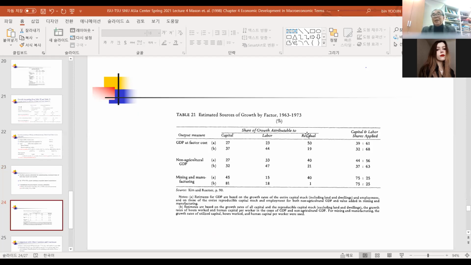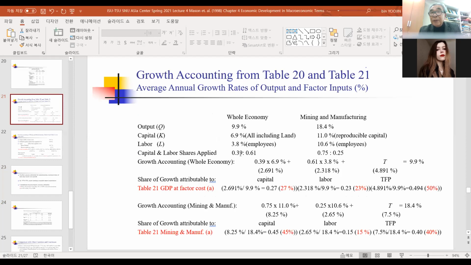So in other words, they are quoting from table 21, a posterior table, the tables which show up later. You see here, the first row, you see 39%, 61%. They were quoting this number, 0.39, 0.61, to make growth accounting. I'm showing you how I conducted growth accounting.